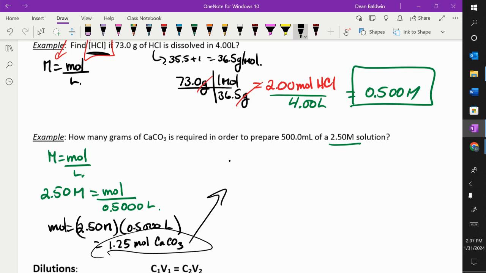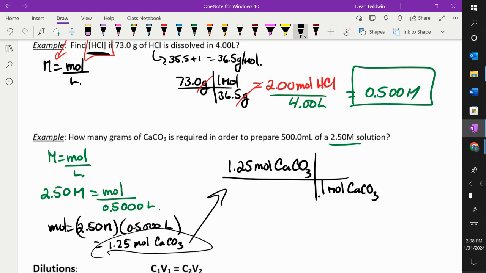So we need to use the molar mass of calcium carbonate, so that you're going to have 1 mole of calcium carbonate, and you need the molar mass. What's the molar mass of calcium carbonate? It's 100.1 grams.